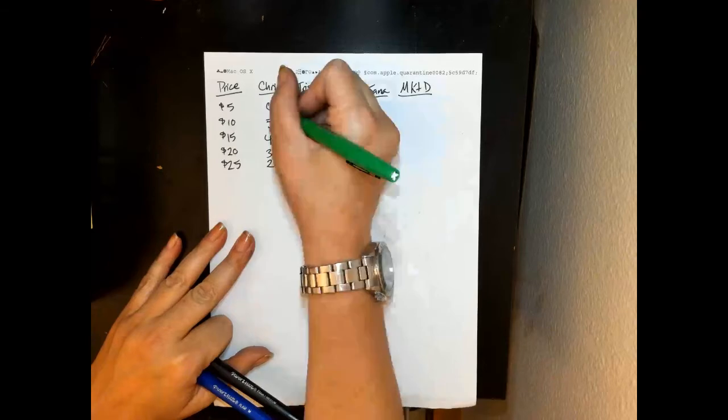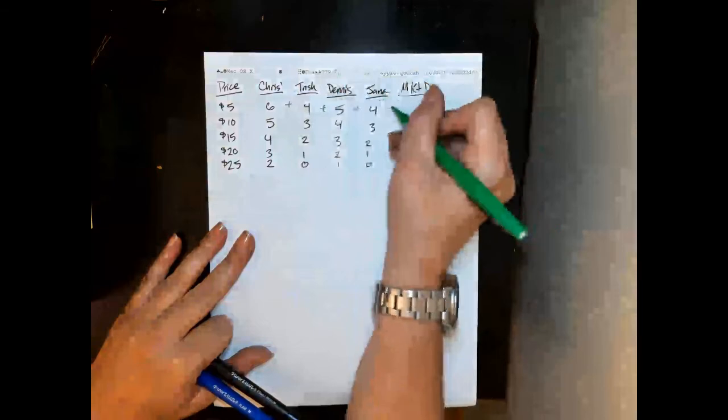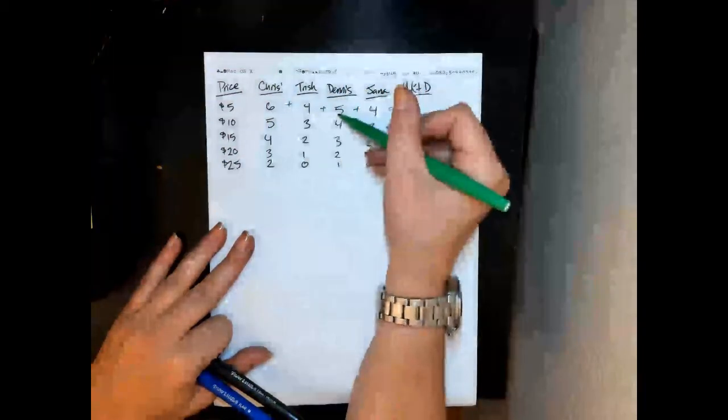So at $5, Chris wants 6 books, Trish wants 4, Dennis wants 5, and Jana wants 4. So 6 plus 4 is 10, plus 5 is 15, plus 4 is 19. So the market demand for books at $5 is 19. At $10, Chris demands 5, Trish demands 3, Dennis demands 4, Jana demands 3.